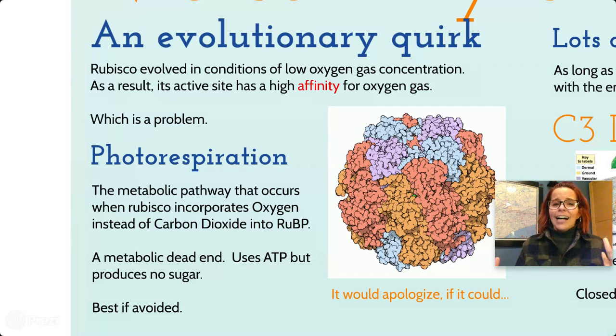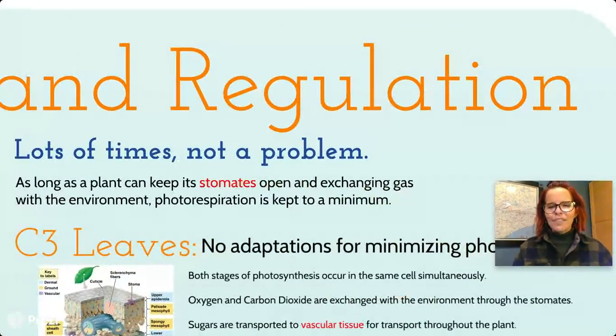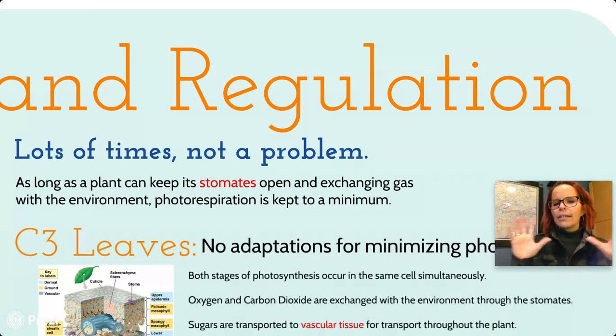So there are all kinds of things that have happened in order to prevent this from happening. Lots of times it's not a problem. As long as the plant keeps its stomates open and exchanging gas with the environment, photorespiration is kept to a minimum. As long as the stomates are open and there's plenty of carbon dioxide coming in, Rubisco is connecting with the carbon dioxides.